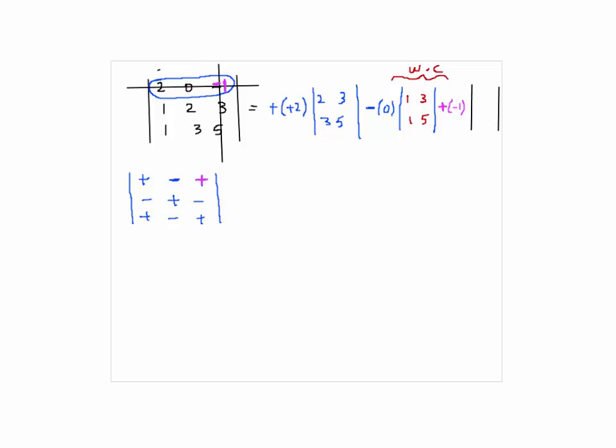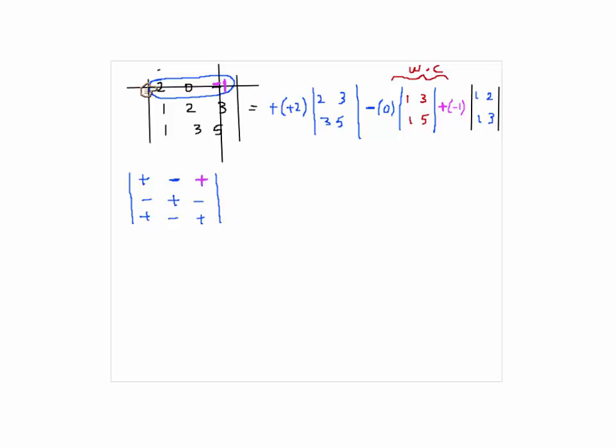So here, again, whatever elements these lines don't cross, which would be these elements here, would be the minor matrix for the next one. So here we have 1, 2, 1, 3.